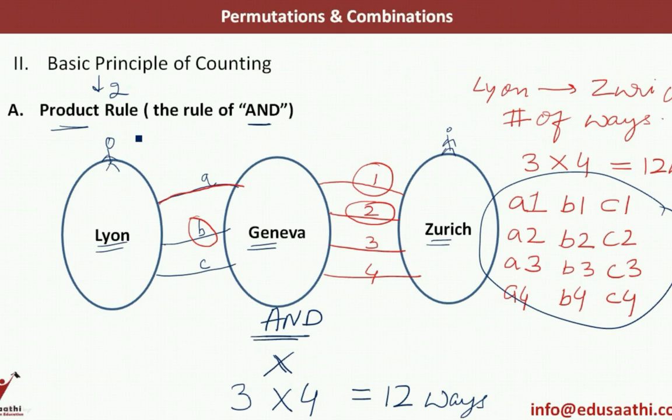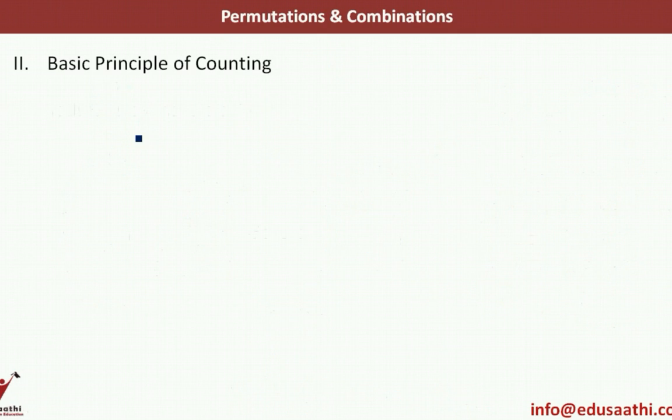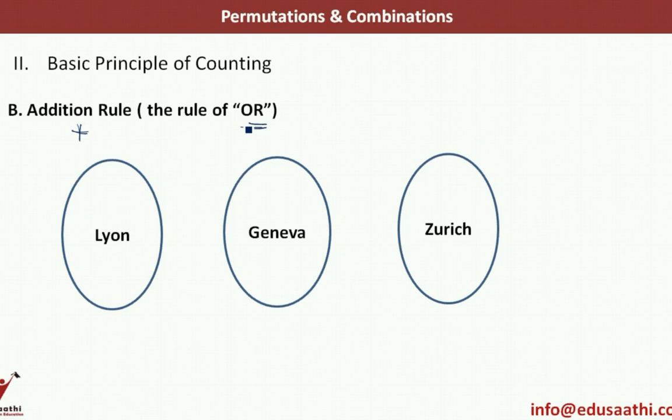Let's move on to the second principle of counting, which is the addition rule. We had the product rule, here we have the addition rule. We use the plus sign or the rule of OR. Let's again take the same example. We have 3 cities, Lyon, Geneva and Zurich.